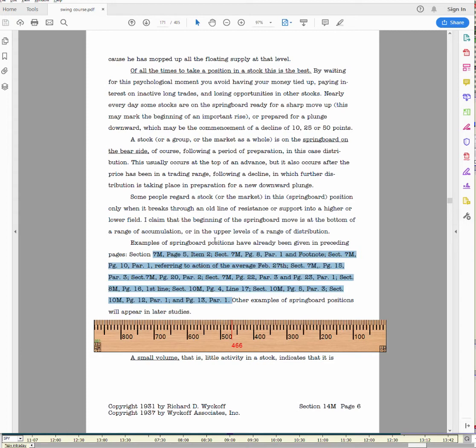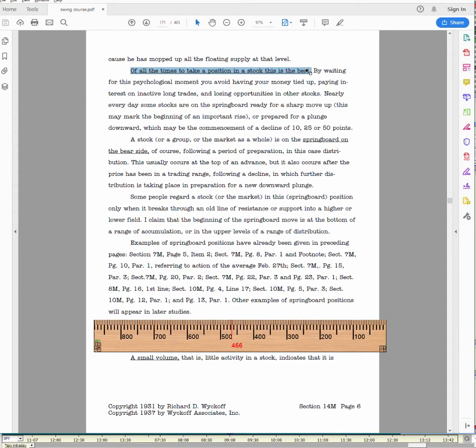Wyckoff didn't say, Evans said, springs and upthrusts as triggers. I understand, that's fine, it's great. But what is Wyckoff saying? Of all the times to take a position, this is the best. What does that mean? What is the trigger? What is the setup? What is the Wyckoff setup? The Wyckoff setup is the springboard.